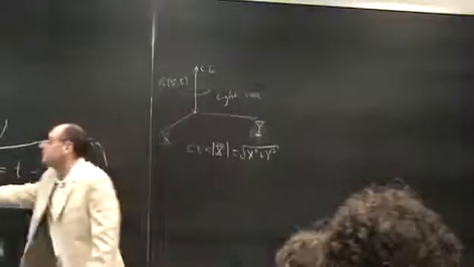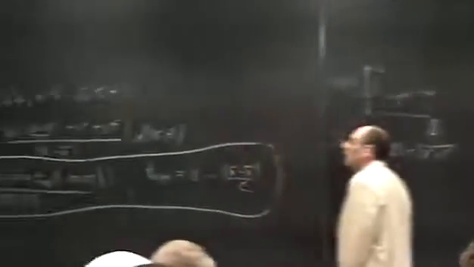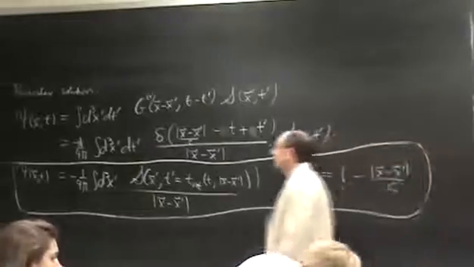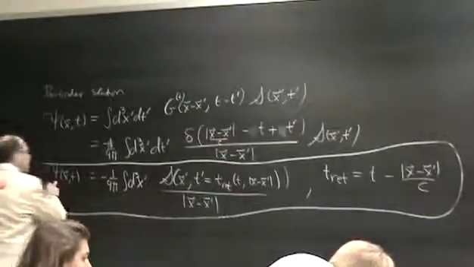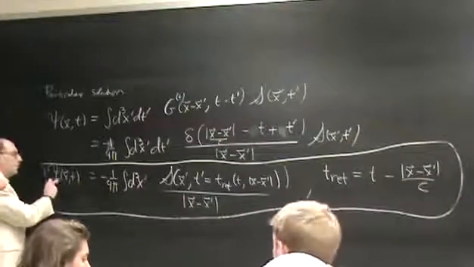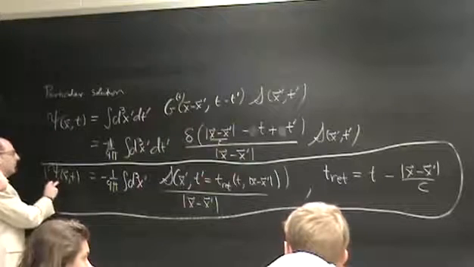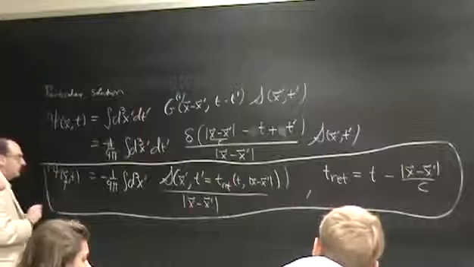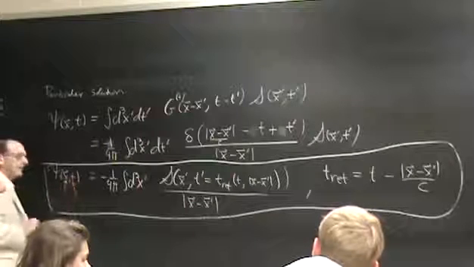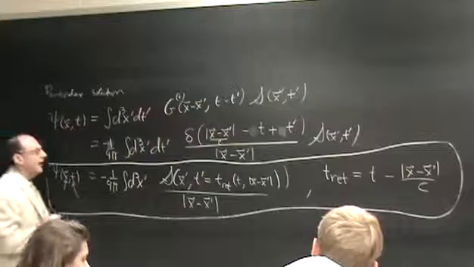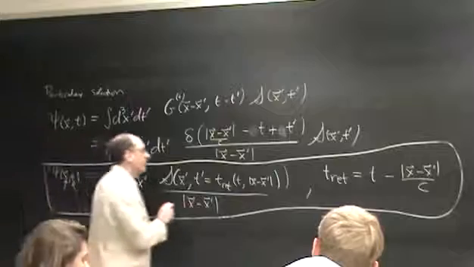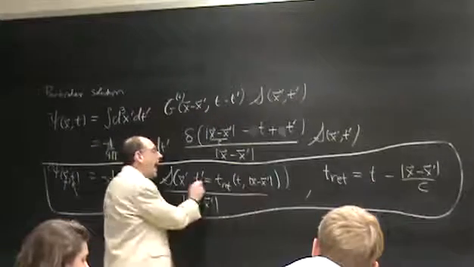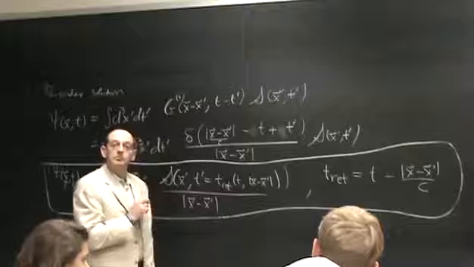What does this solution tell us? Well, what wave amplitude exists at position x and time t depends upon what the source was doing at an earlier time.